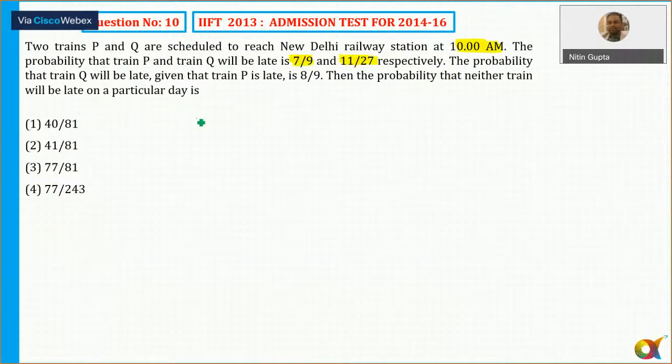So the probability that the train Q will be late. It means what? It is a condition that the train P is late. Now what happens?